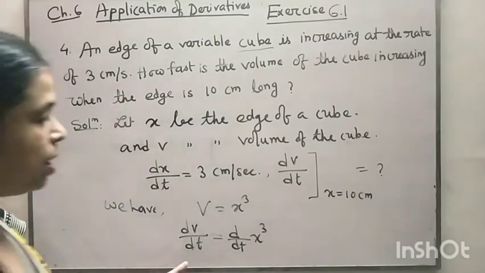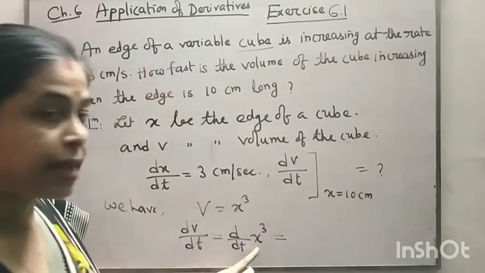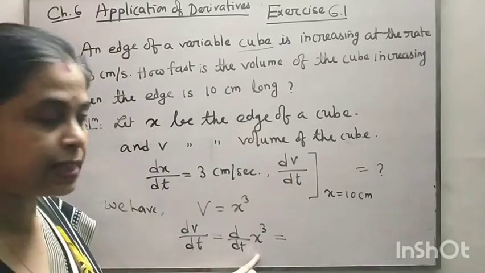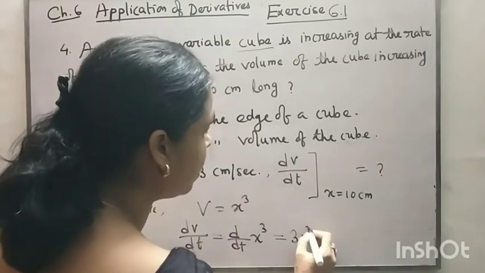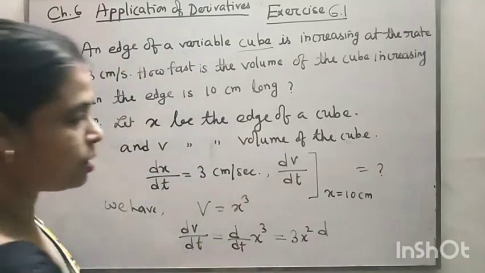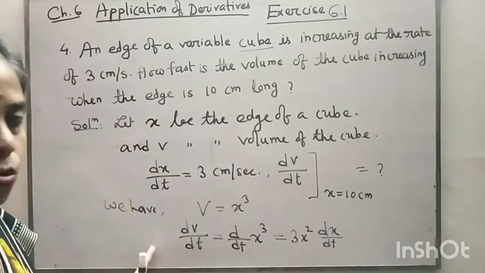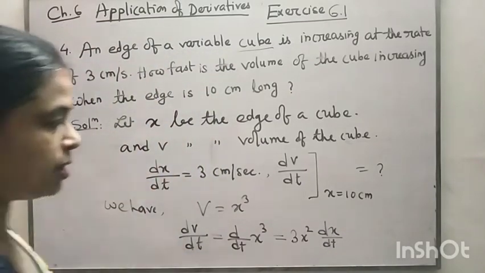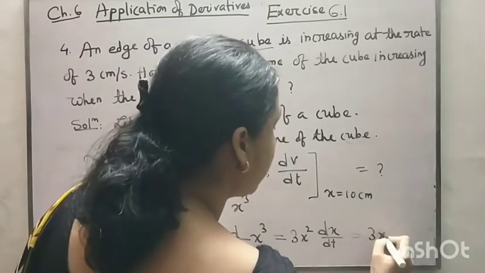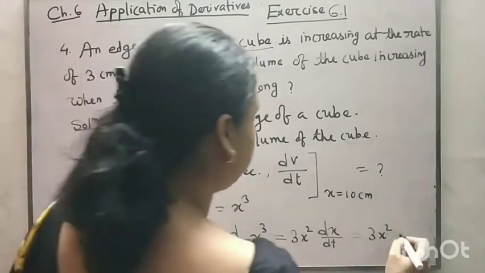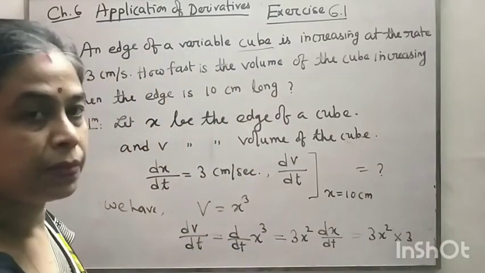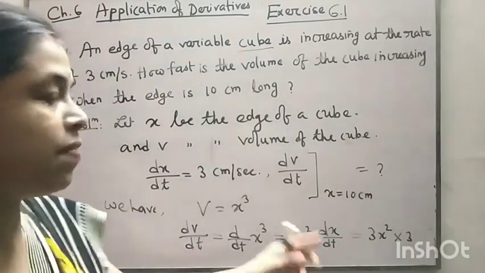As earlier, you have to take the derivative of x cube with respect to t. Think x as t. It will give you 3x squared, and take the derivative of x with respect to t, that is dx/dt. As you know the value of dx/dt, substitute it. Here 3x squared, the value of dx/dt is 3, right? It is given in the question.